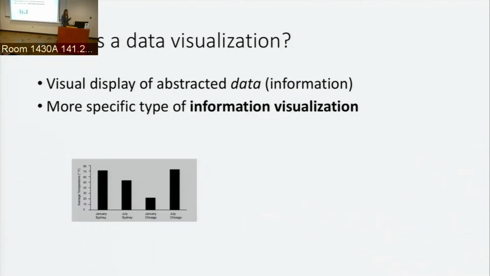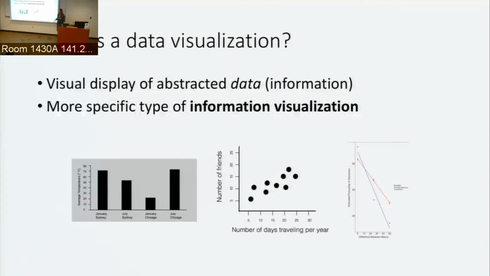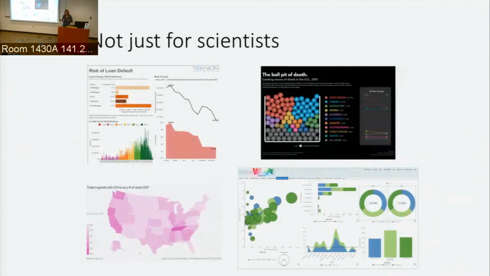So today we're going to be talking specifically about data visualization, things like plotting, bar charts, scatter plots, line graphs, and we are going to get a little fancier than just these basics, but that's kind of what I'm referring to when I say data visualization. So we know now that many people, other than scientists, are interested generally in data visualization, right?